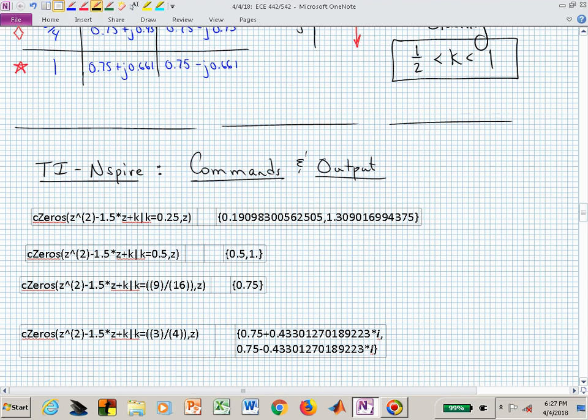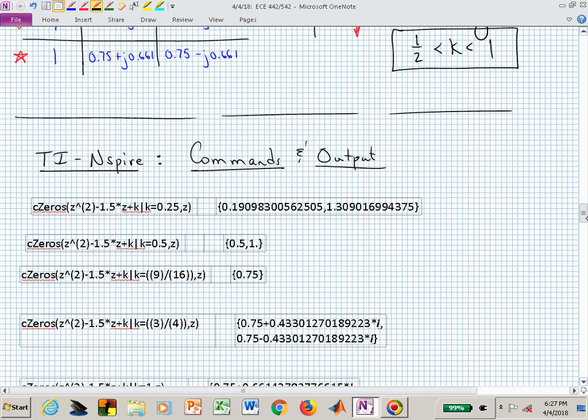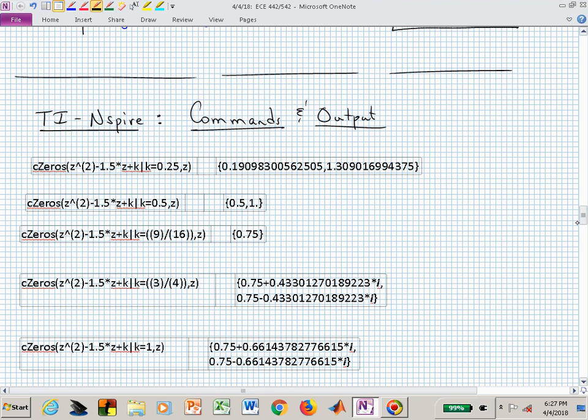I did that because it's right at the breakaway point. And then another one is at K equal to 3/4. And did I do the other one? Then with K equal to 1, it gets me right at the unit circle. All of these different ways to try to help you see or convince you of what this root locus represents.